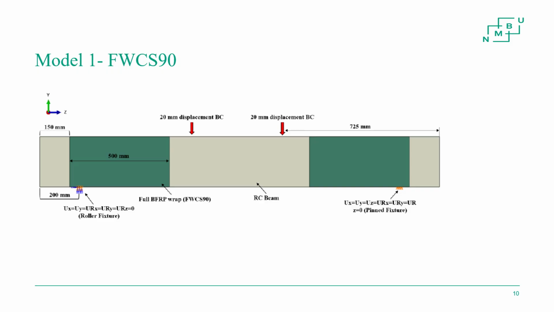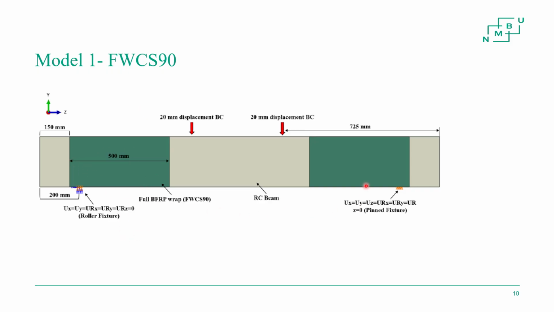Let's now see the three different model configurations. So for the first model, which is named FWCS90, 90 denotes the orientation of the fibers.